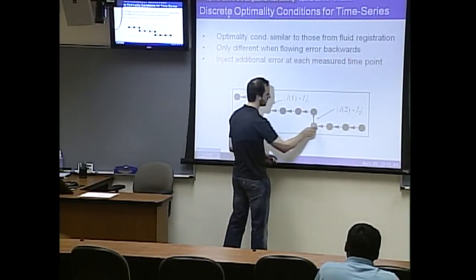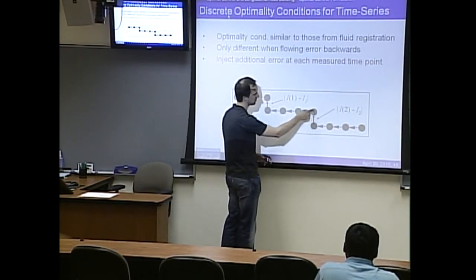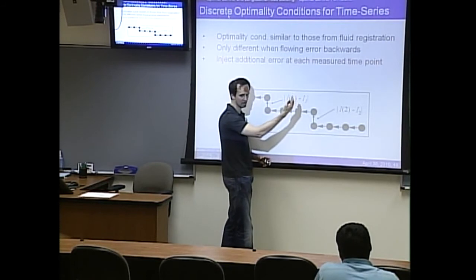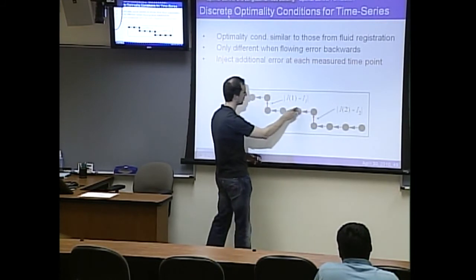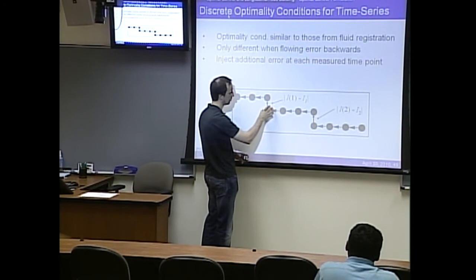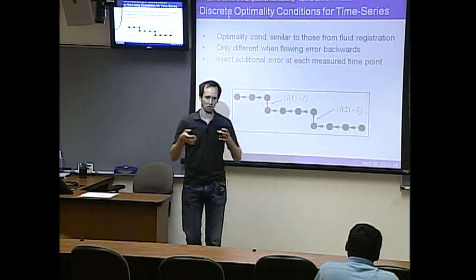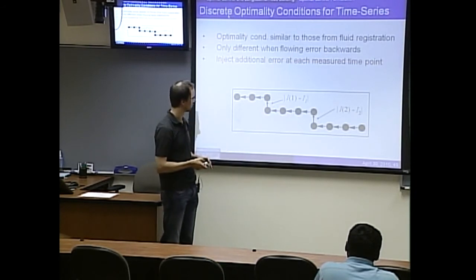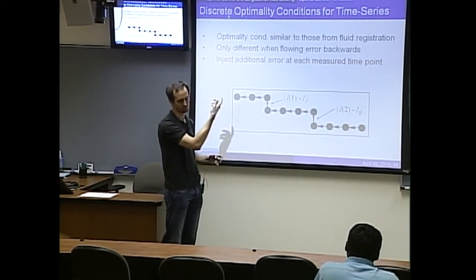Then you flow this backward, and if you see a new measurement, then you have jump conditions that change the state of the adjoint and push it in a direction that's meaningful to optimize this overall optimization problem. Then you keep on flowing again, and in this interval the scalar conservation law holds, and then you jump again and keep going like this. But the overall principle is the same. Then you flow forward, flow backward, compute the gradient, update the velocity field, run to convergence.